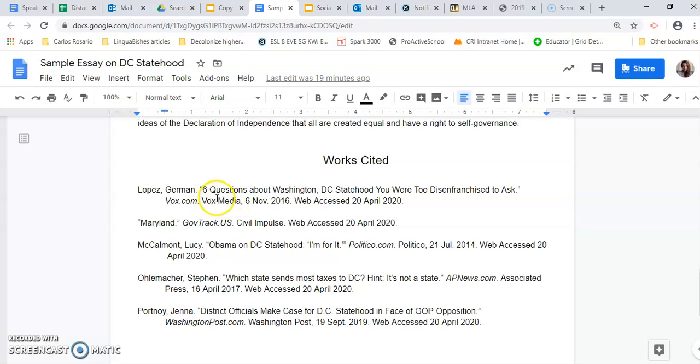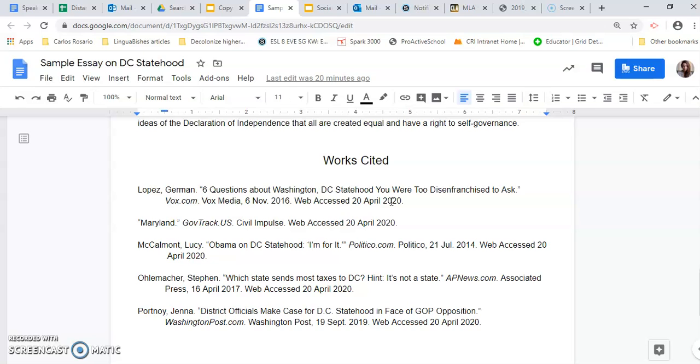The publication or publisher of that website. The date of the article, day, month, year, period. And then web accessed and the date that I, the researcher, visited the website and found this article.